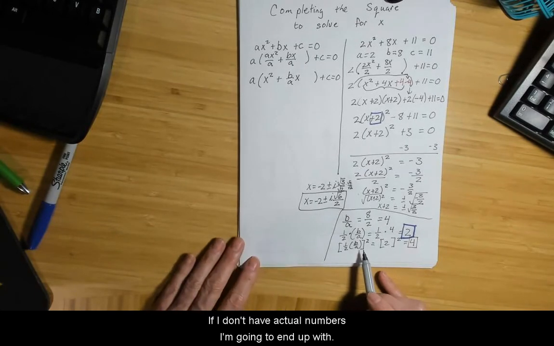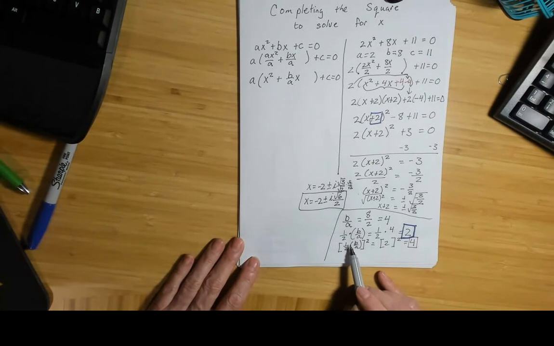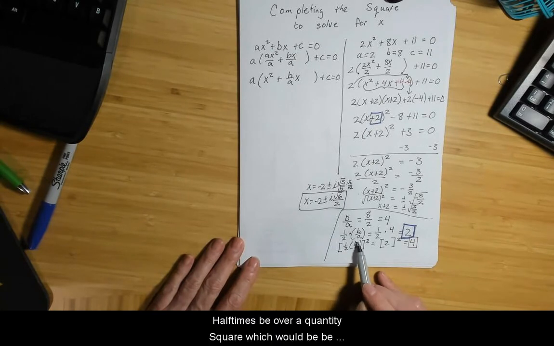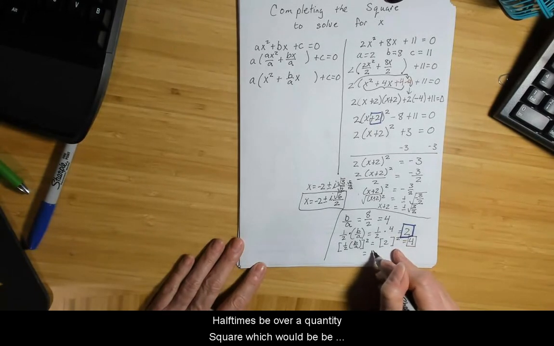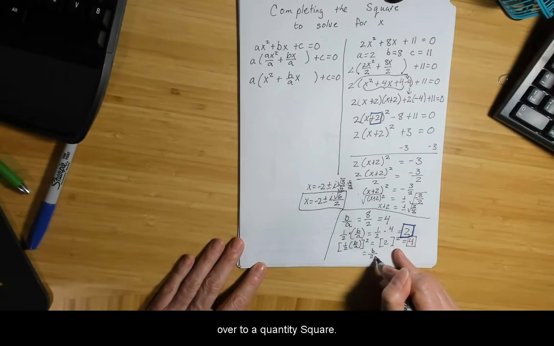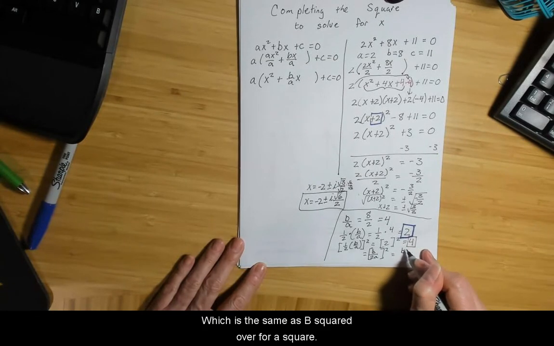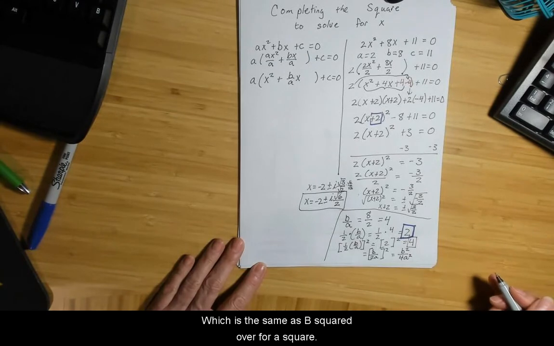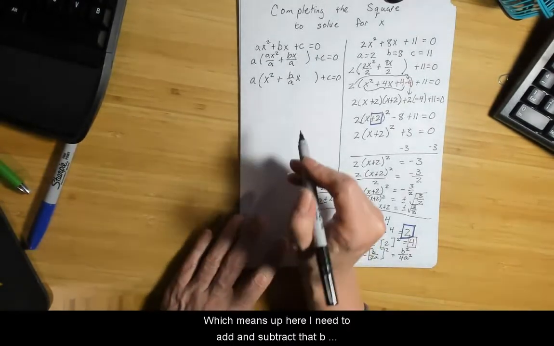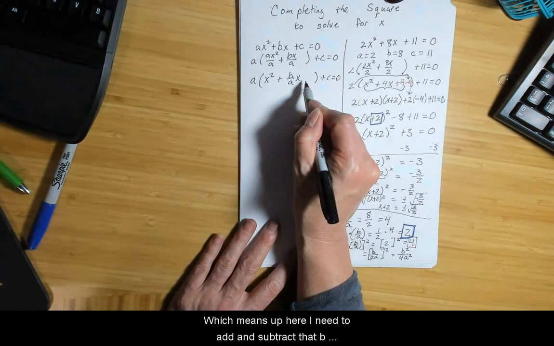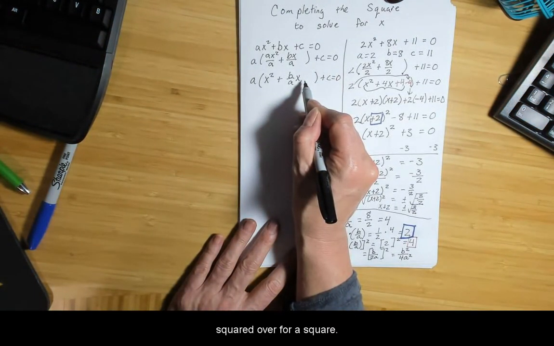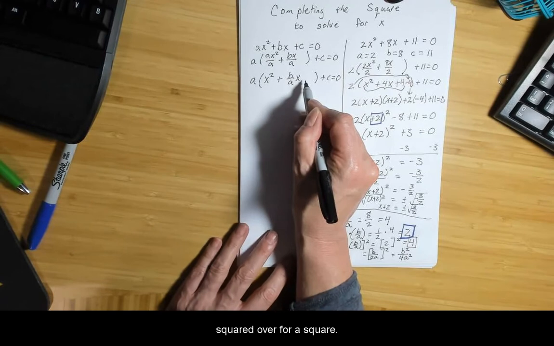If I don't have actual numbers, I'm going to end up with 1/2 times b over a quantity squared, which would be b over 2a quantity squared, which is the same as b squared over 4a squared, which means up here I need to add and subtract that b squared over 4a squared.